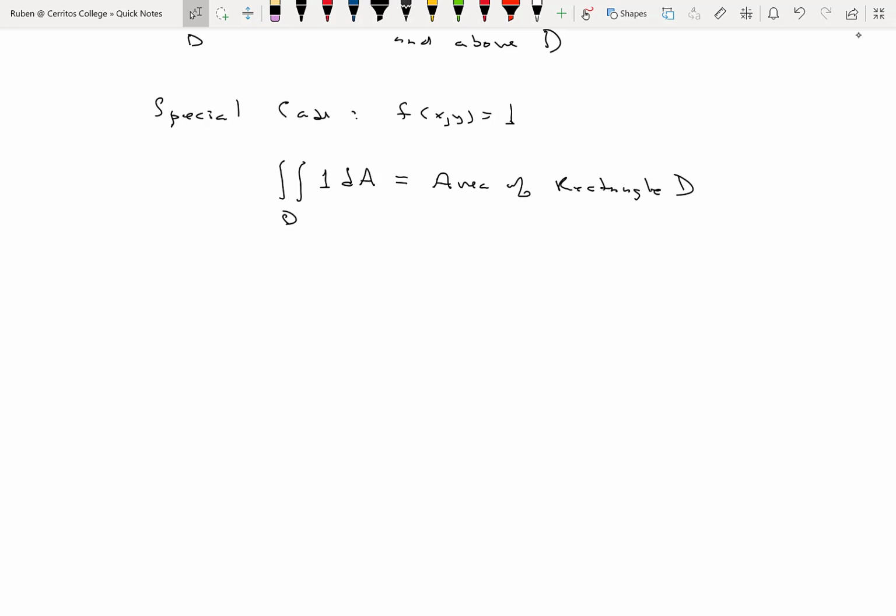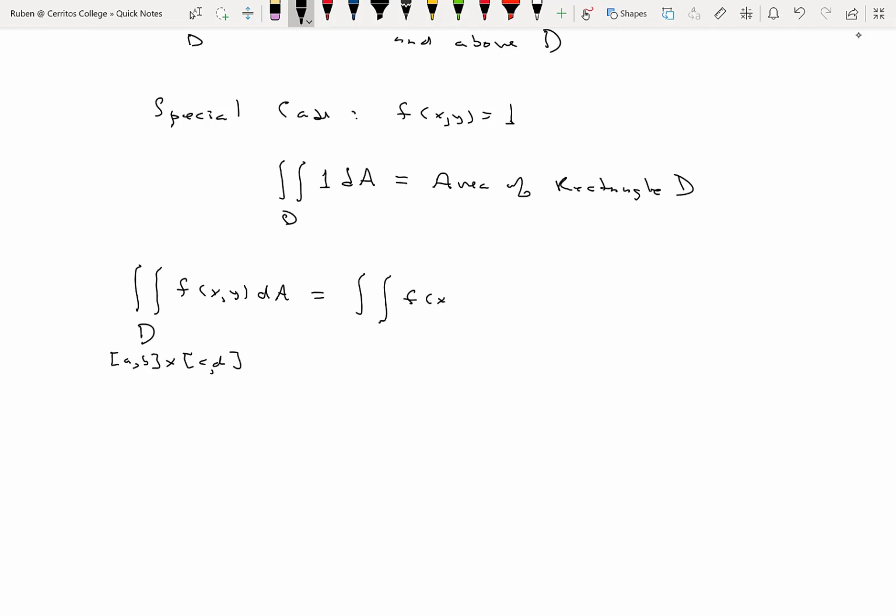We also got a really nice result, which is that the double integral of the function over the rectangle D could be expressed as an iterated integral. Remember, the domain D is [a, b] along the x-axis cross [c, d] along the y-axis.